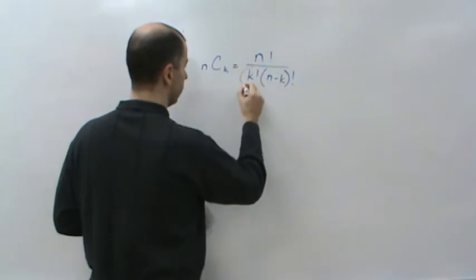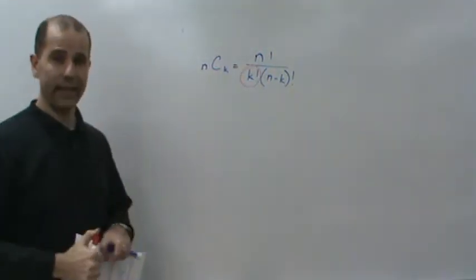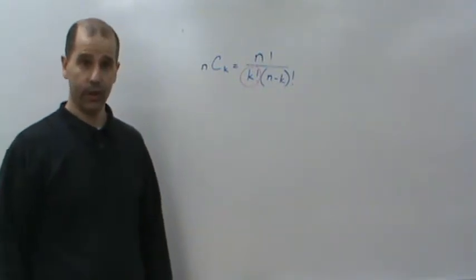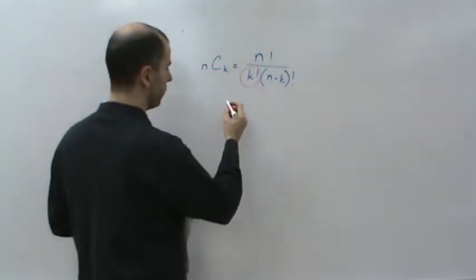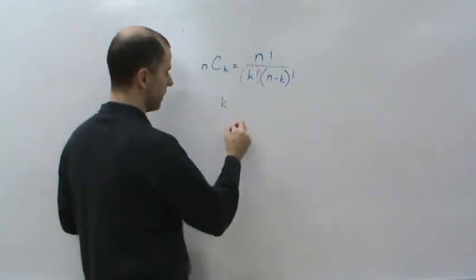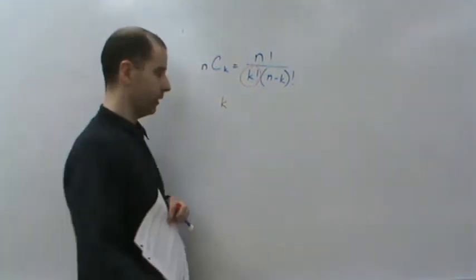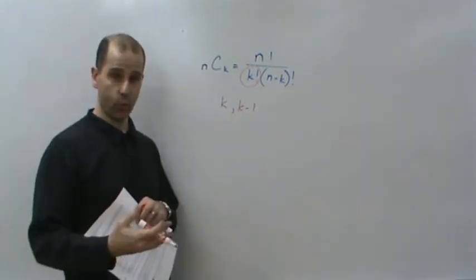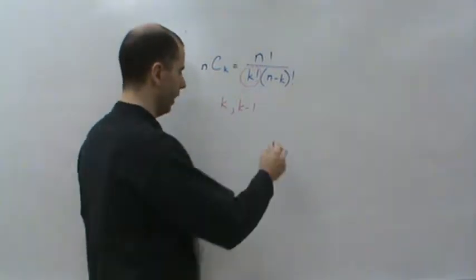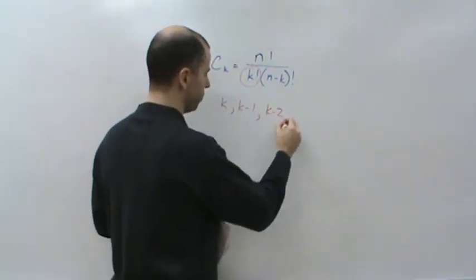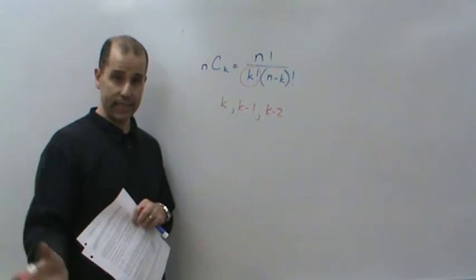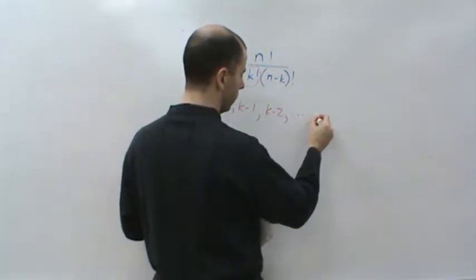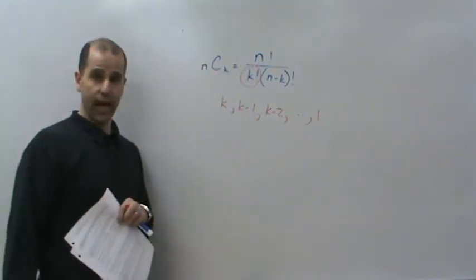The reason is that we're dividing out all of the distinct orders. We start by getting rid of all of the distinct orders of size k, then divide by k minus 1 to get rid of all the distinct orderings of that size, then k minus 2, all the way down to objects of size 1.